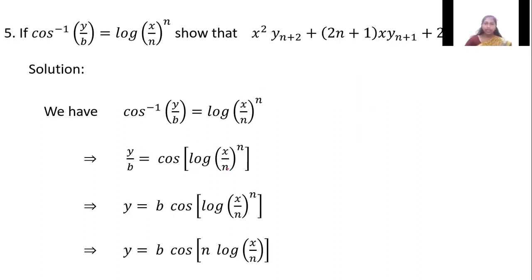Now I can apply the logarithm property in here. This is of the form log x to the power n. Log x power n is n log x. So what am I going to write? It is n log x by n. So that y is equal to, taking b to the RHS, b into cos of n log x by n.